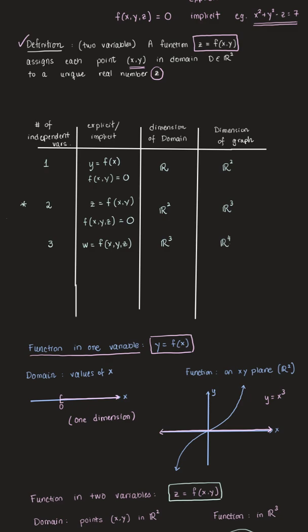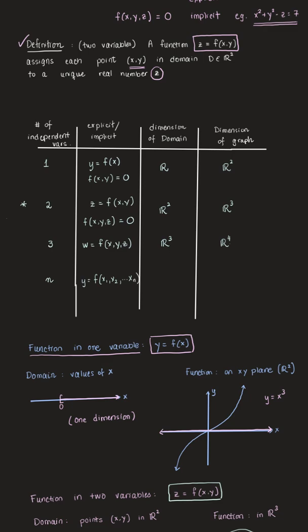If we jump to n dimensions, of course we can't see these things anymore, we might write something like y equals f of x1, x2, all the way to x sub n.